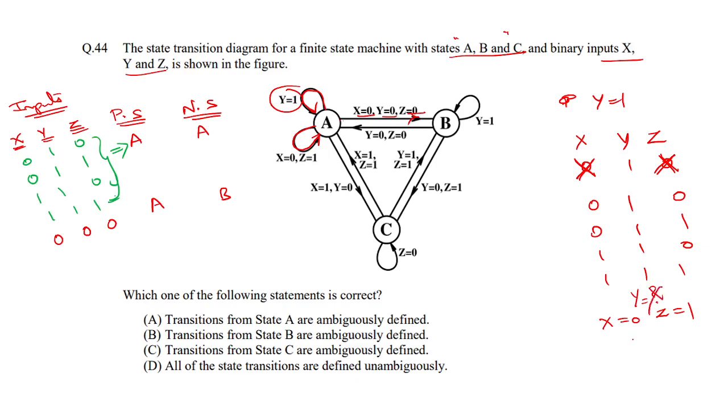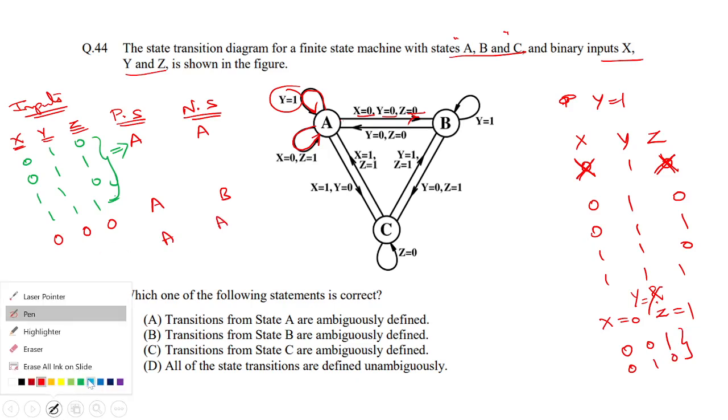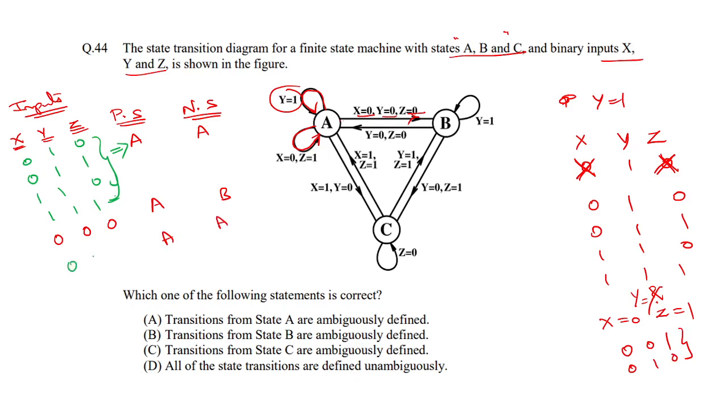Don't care. That means 0 0 1 can be one combination, 0 1 0 can be another. So A to A, one more combination: 0 0 1, 0 1 0. These two sets will take you from A to A because present state and next state are the same.